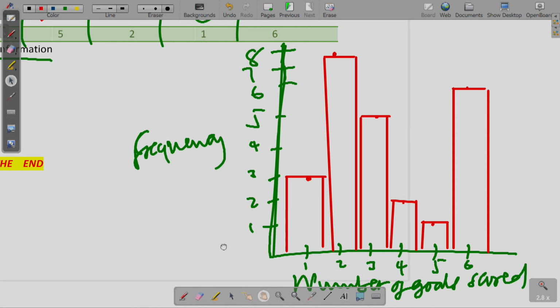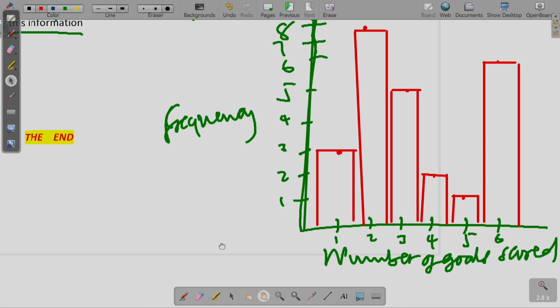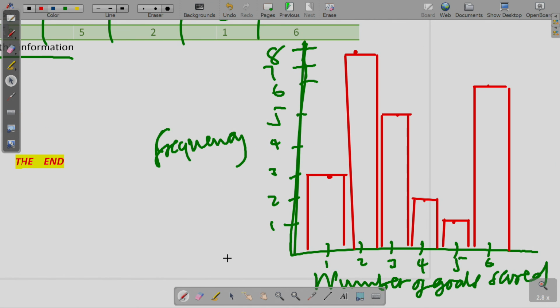Now I have expressed the goals scored by 25 teams by using a histogram, this one, and this is the answer.